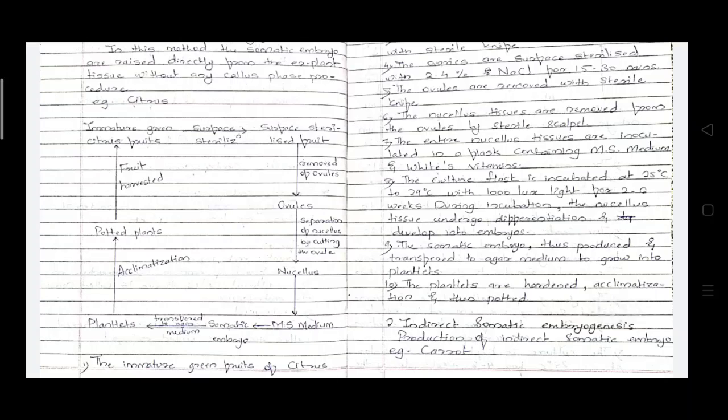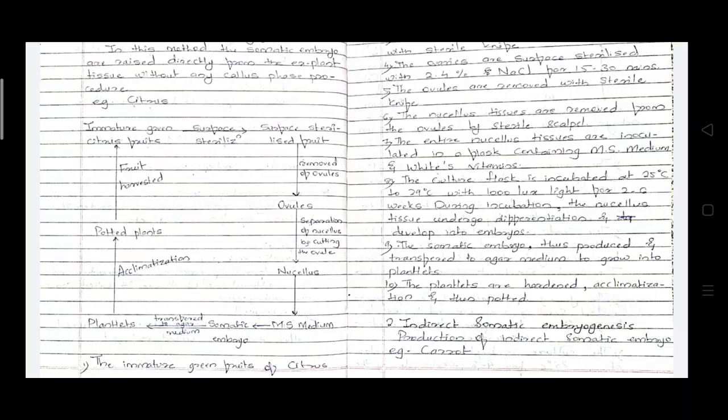The nucellus is separated from the ovules by cutting, then transferred onto MS medium. From there the somatic embryo will be formed.